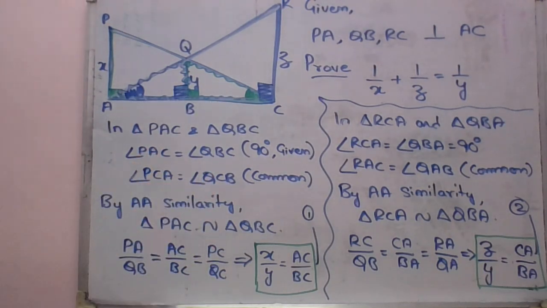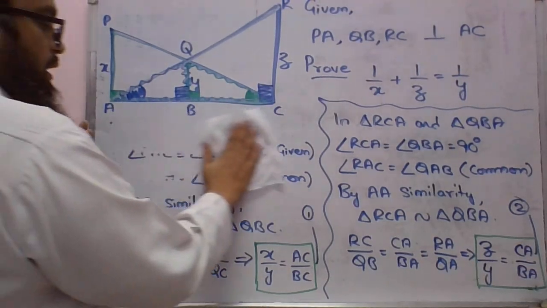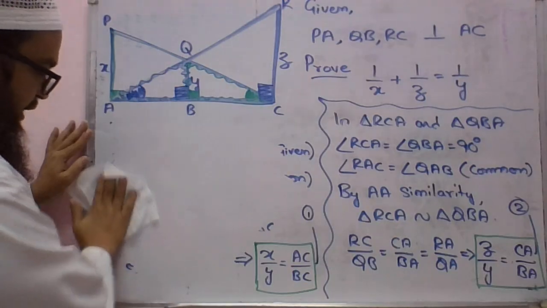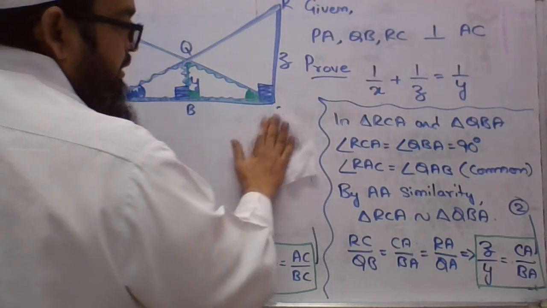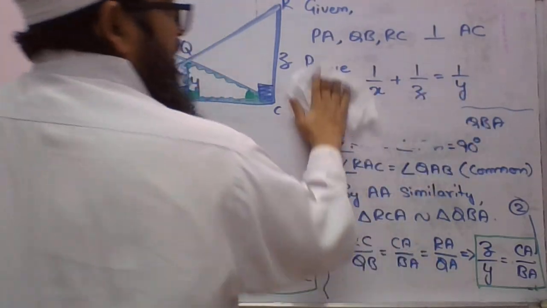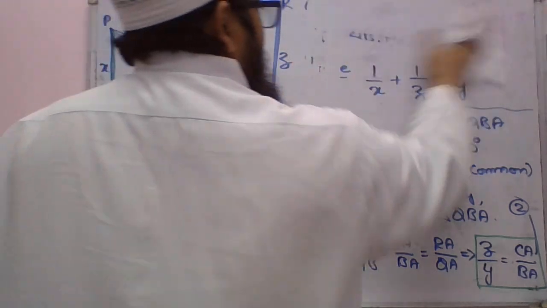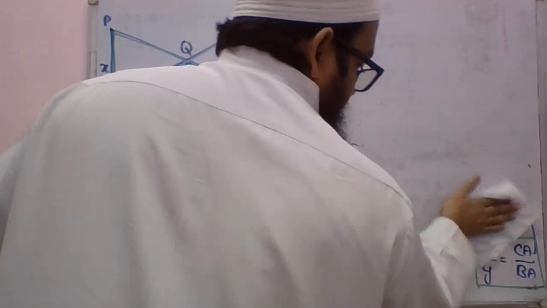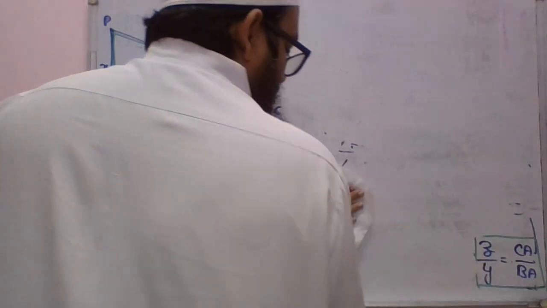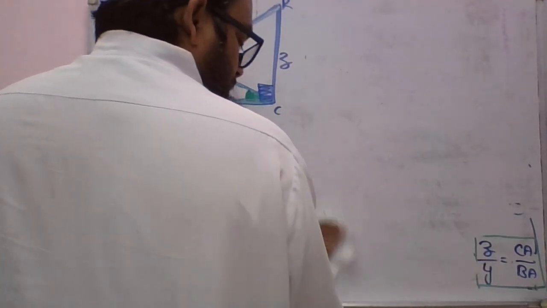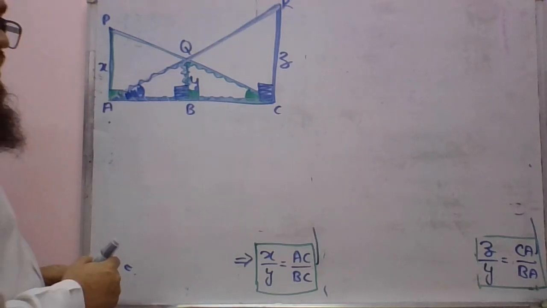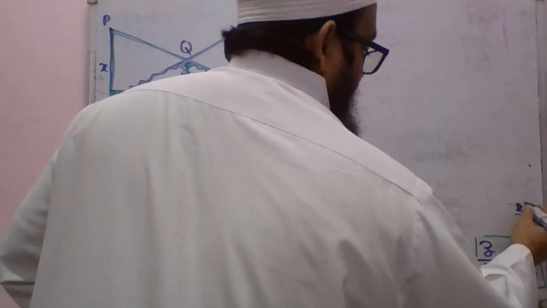So shall I rub this, my dear students? Please copy it. I am not going to rub the first equation and the second equation. Once I write, I will rub it. So this also I am rubbing. So this is the second equation, right?